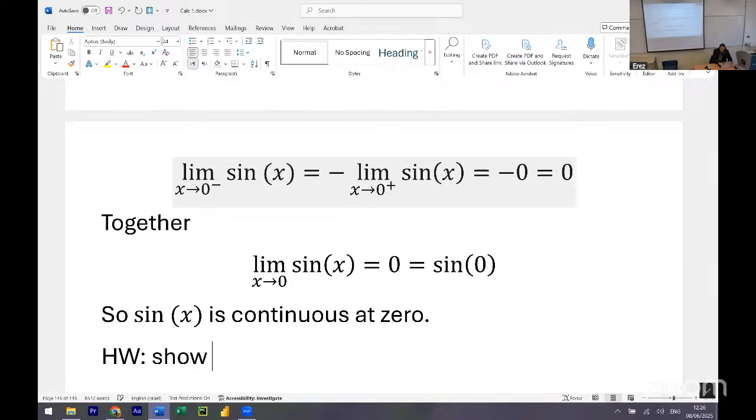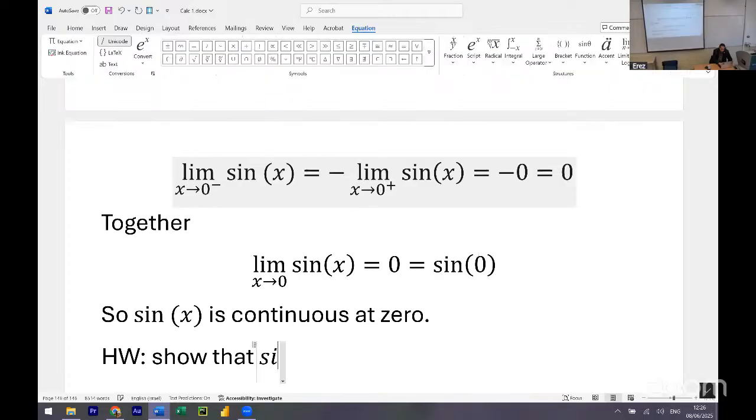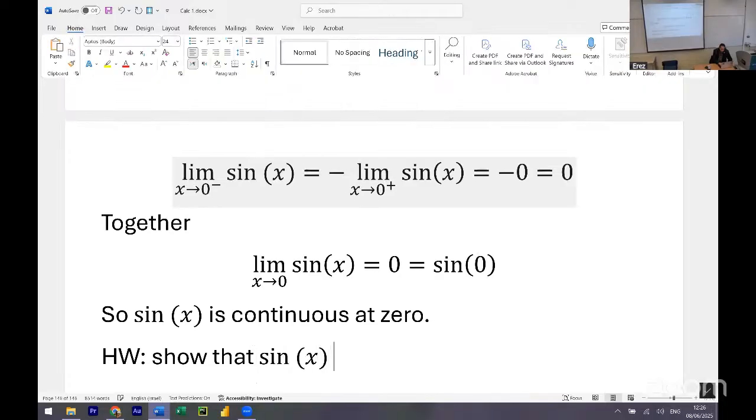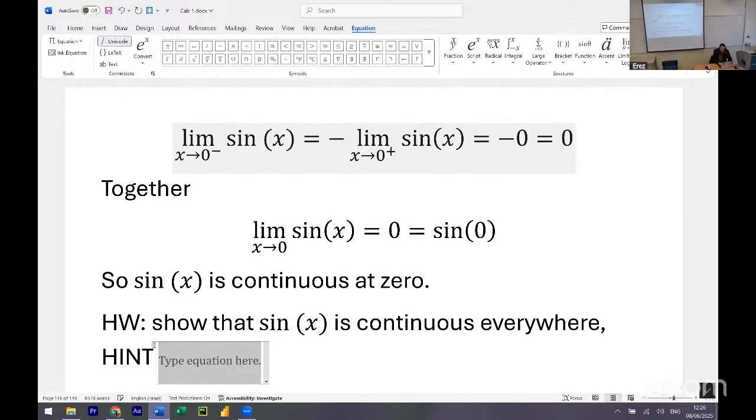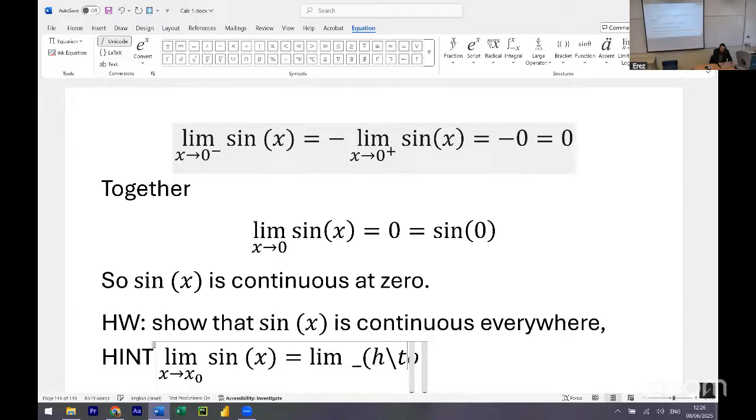For homework, show that sine is continuous everywhere. And I'll give you a hint. The limit as x goes to x0 of sine of x equals the limit as h goes to 0 of sine of x0 plus h.